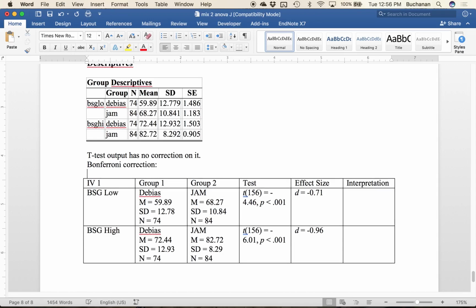And the way that works is we're going to take our alpha, remember this is type 1 error, we set this value, which is usually P less than 0.05. And then we're going to divide by the number of comparisons that we ended up running.